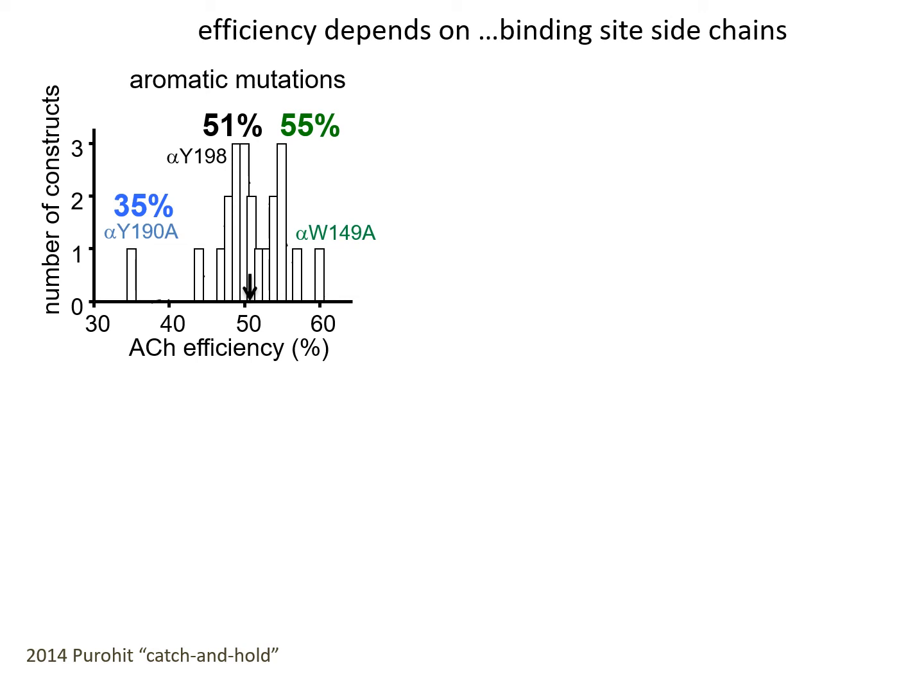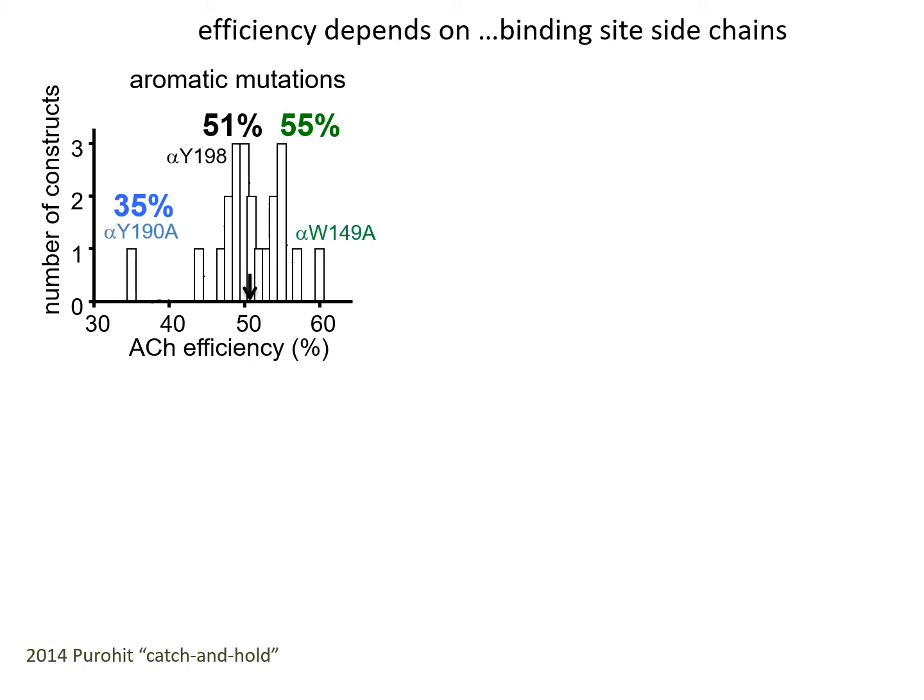And you can see that most of the mutations didn't do much to the ACH efficiency. These are all using ACH as the agonist. In wild-type receptors, the arrow shows it's 51% efficient, and the results of most of the mutations were 51% efficient. However, there were a few mutations that increased the efficiency to 55%, and those mutations were mainly of the W149 tryptophan.